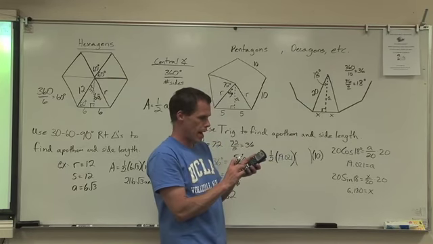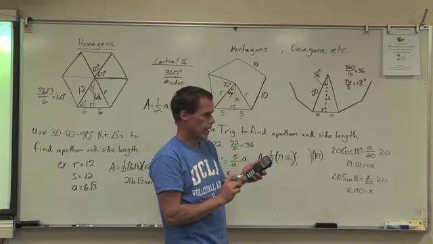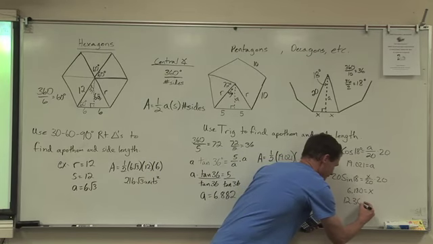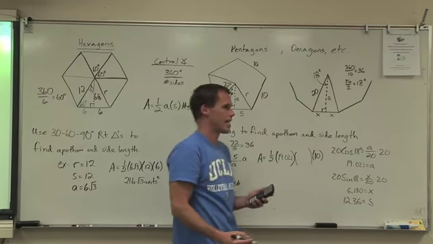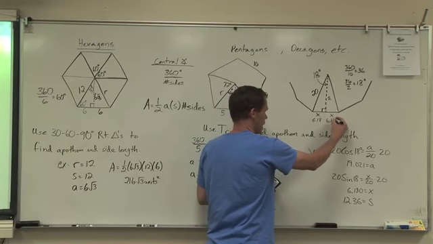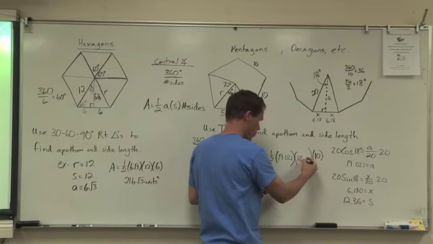Now I'm going to multiply that by 2, and I get 12.36. And that is equal to my side, because I have doubled it. 6.18, 6.18, so 12.36.